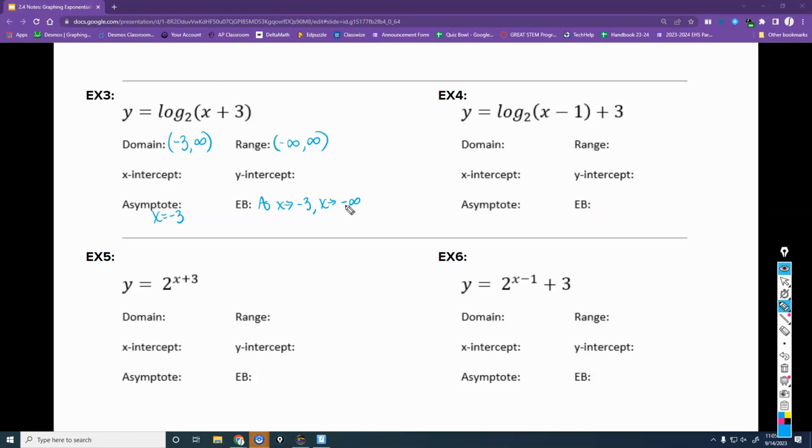The asymptote either needs to be x equals a number if it's a vertical asymptote, or y equals a number if it's a horizontal asymptote.